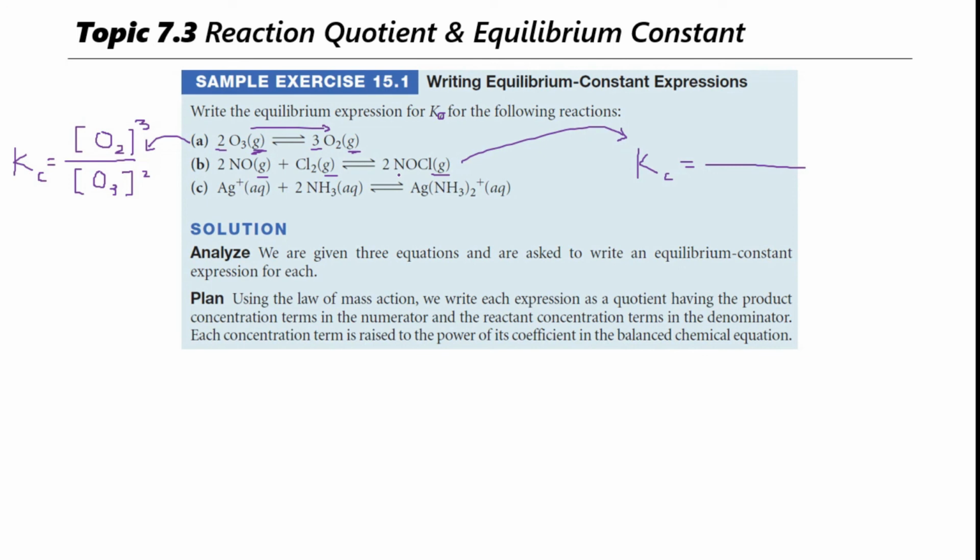Our product is our NOCl. Its coefficient is a 2. So I'm going to do this NOCl to the power of 2. My reactants are NO. The NO has a coefficient of 2, so that's got a power of 2. All right. And my other reactant is my Cl2.